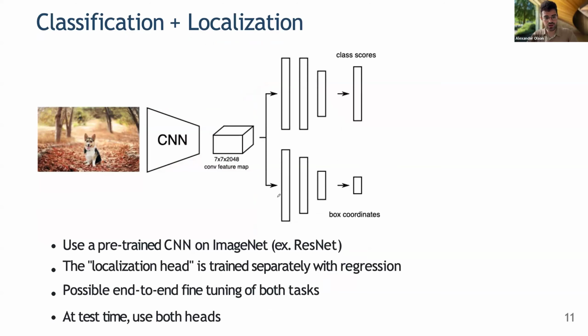And so the way that we're going to tackle this problem is to actually split off our network in 2 different directions, one of which is going to predict the class that the subject belongs to. So is it a dog? Is it a cat? Is it a capybara? And then the other side is going to predict those bounding box coordinates.